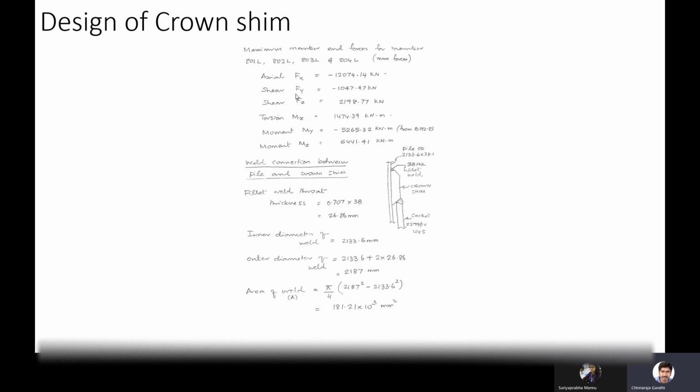In order to find the lateral shear stress over here, we are taking the resultant stress, the square root of Fy square plus Fz square. This resultant stress means the shear force in Fy and Fz combined.